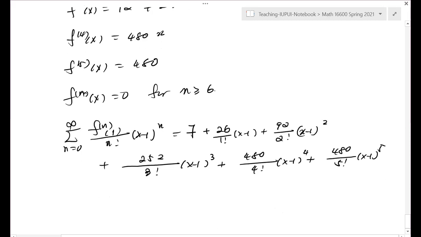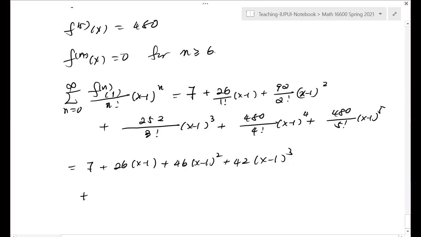So let's do a little bit of simplification. 92 divided by 2 is going to be 46. 252 divided by 6 is 42. These should be constants, not fractions. 480 divided by 24 is going to be 20.